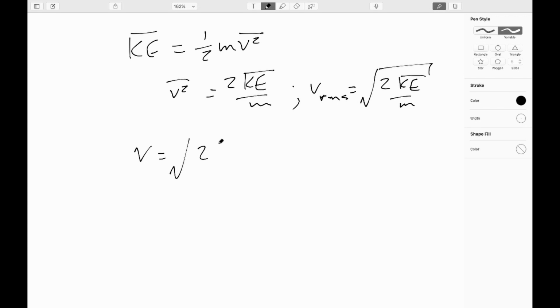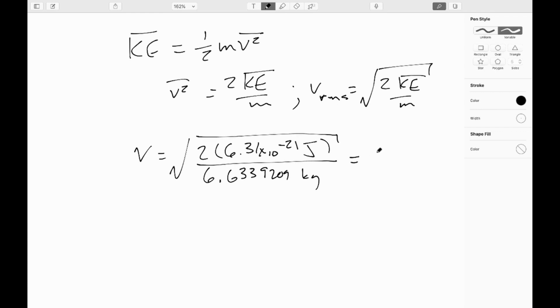We said the average kinetic energy was 6.31 times 10 to the negative 21 joules. And if you look it up, the mass of an argon atom is 6.6339209 times 10 to the negative 26 kilograms. So this works out to be 433 meters per second. Speed of sound is 343 meters per second, so that sure seems like it's in the ballpark.